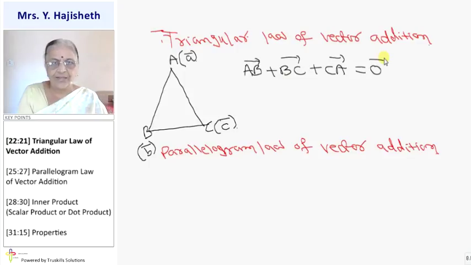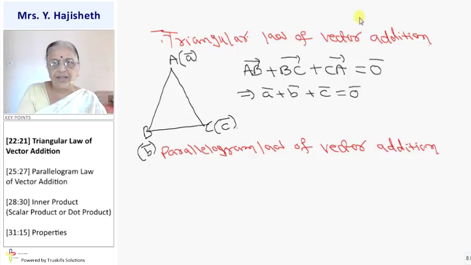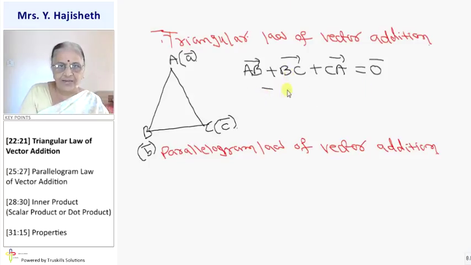Null. Clear? Initial point and final point are same. So I can say vector A plus vector B plus vector C is null. बराबर लिखा मैंने. AB is not vector A, my dear. AB is not vector A. AB is vector B minus A. Clear? So don't misunderstand.